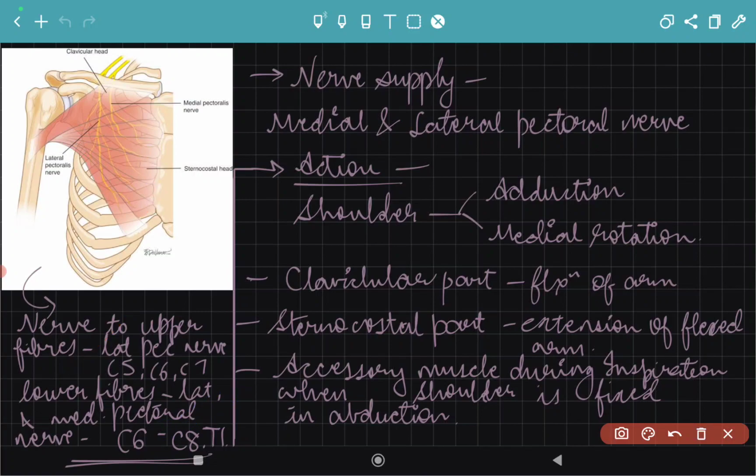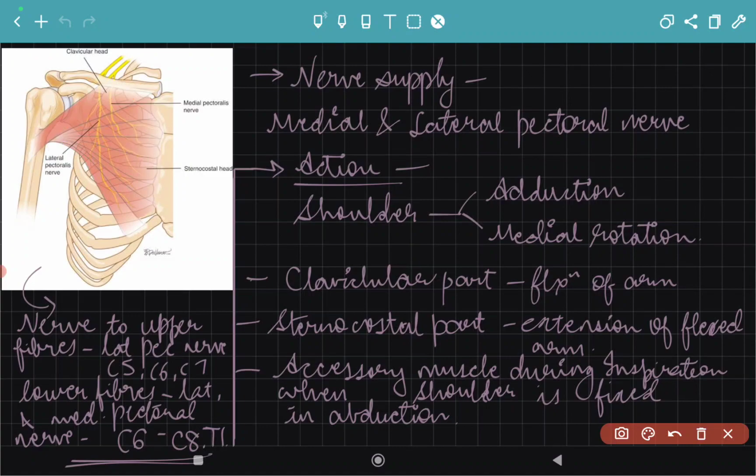Now as we know the line of action, as it is attached in this manner to the lateral lip of the bicipital groove, and originating from the clavicle and manubrium as well as sternum, this will act on the shoulder or humerus. It is inserted to the humerus, lateral lip of bicipital groove, so it will act on the shoulder.